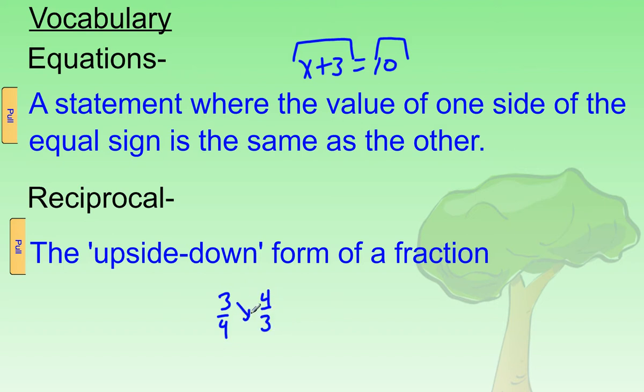You kind of flip it upside down. So the numerator goes to the denominator, and the denominator goes to the numerator. Now this works, just some background knowledge, with whole numbers. For example, the reciprocal of 5, well, 5 as a fraction would be 5/1. So the reciprocal would be 1/5.